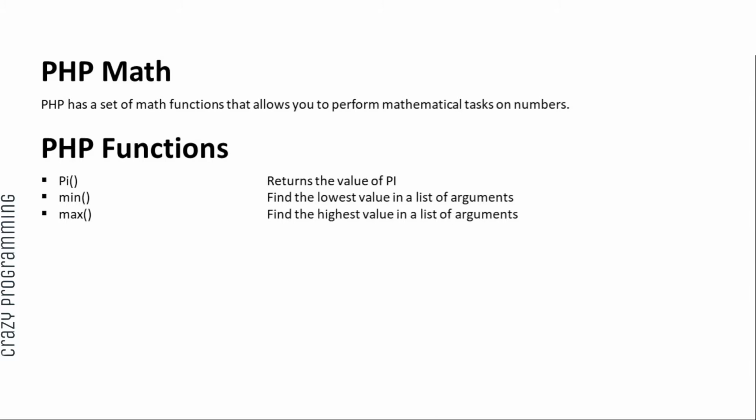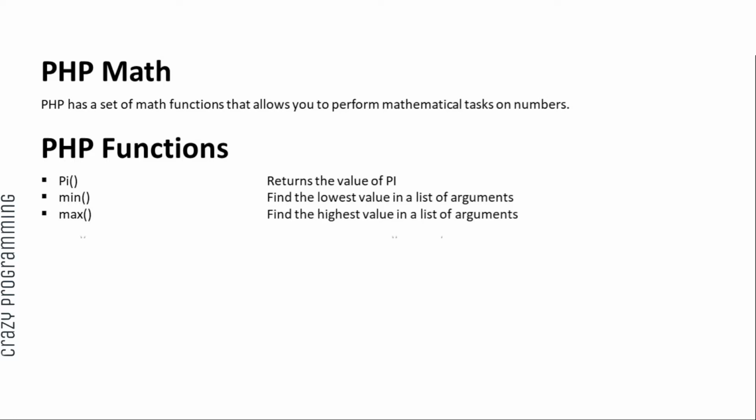The third one is max. It finds the highest value in the list of arguments. For example, if we have arguments like 2, 9, 8, 3, 5, then when we use the max function, it will give 9 because the maximum number in the arguments is 9.